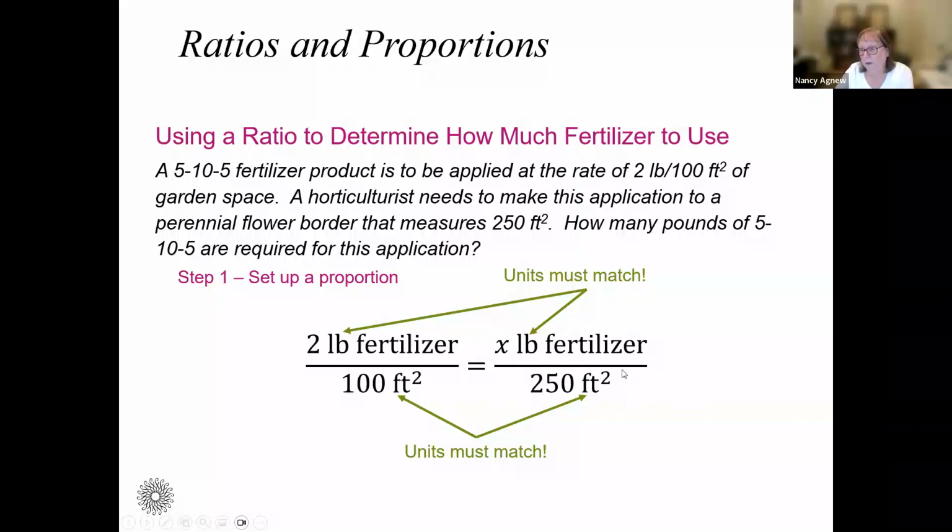Also, these units must match. We have to have square feet and square feet. We can't mix up the units. So when we're solving for X, we're solving for pounds, just as pounds are in the rate.